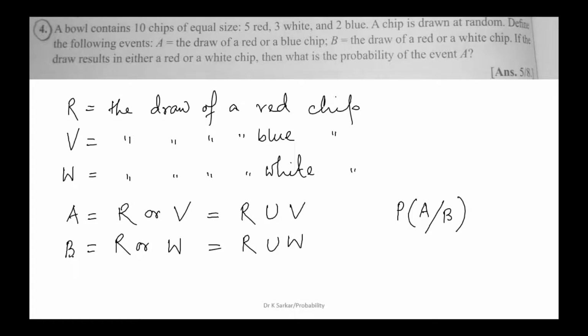So here B is either a red or a white chip. Therefore, we have to find the conditional probability, that is probability of A when B occurred.